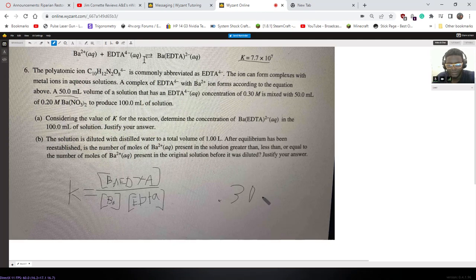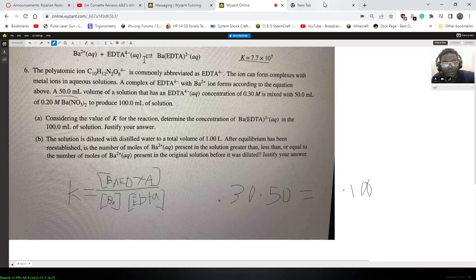So first we do our dilution, which is 0.3 times 50 over 100. Where's my calculator? That's crazy, my calculator is in fact gone.